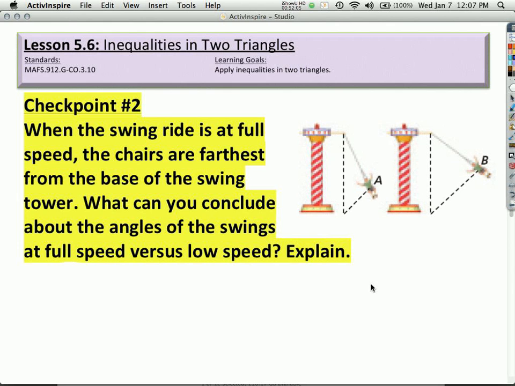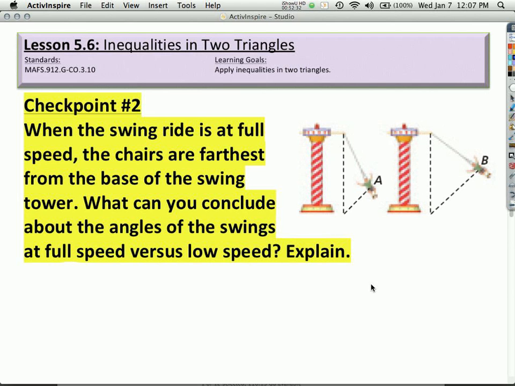Okay, student number 1? The angles are larger at the full speed and smaller at the slow speed. Okay, student number 14? The angle of the swing at high speed is larger than at low speed.